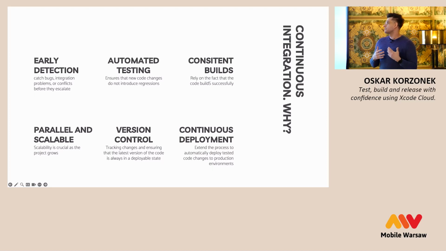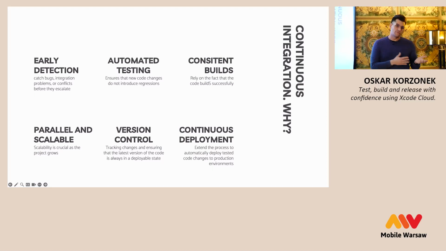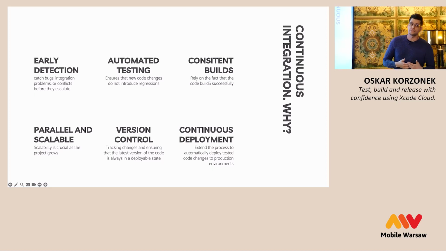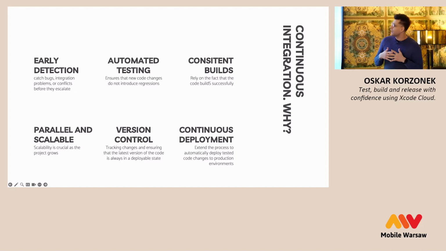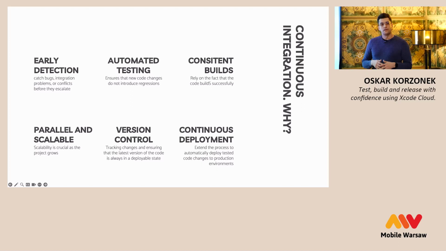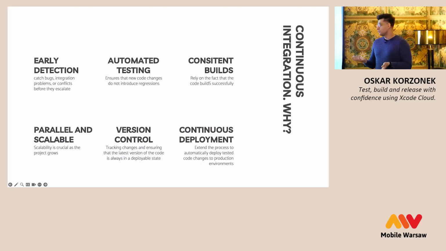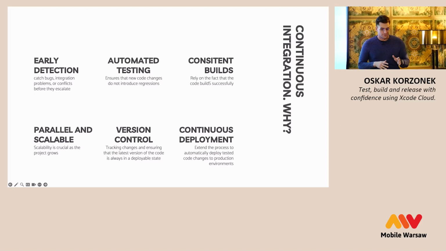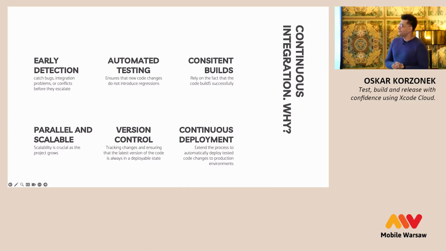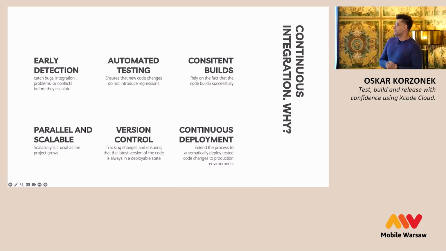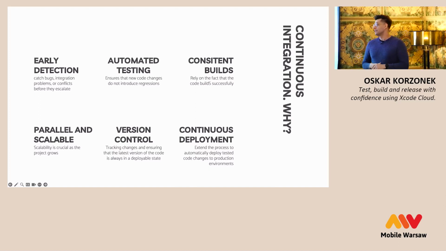It also provides consistent builds, so everyone in the team works in the same environment. The app must work on the same version of Xcode. So "works on my machine" doesn't apply here. It's important because it provides a scalable architecture.